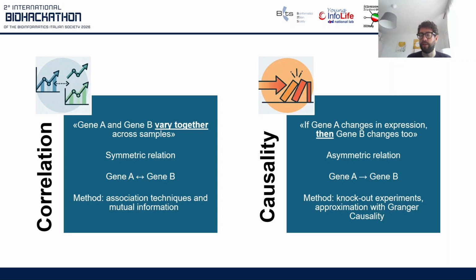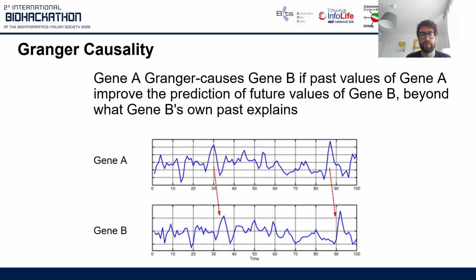The only problem is that usually you need specific data, for example, knockout experiments, but we can approximate this with Granger causality. And Granger causality needs time series data, because we can say that gene A Granger causes gene B if looking at past values of gene A improves the prediction of values of gene B.